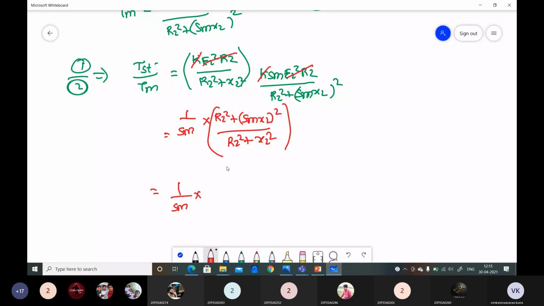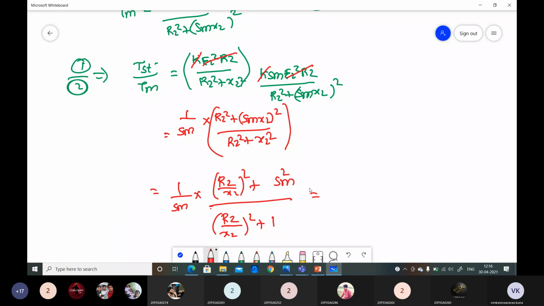One by S_M into, now divide numerator and denominator by X2 square. R2 by X2 whole square plus S_M square, by (R2 by X2 whole square plus 1). The X2 square cancels in the last term, so it is just 1.